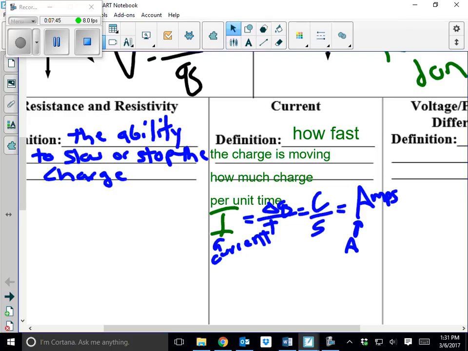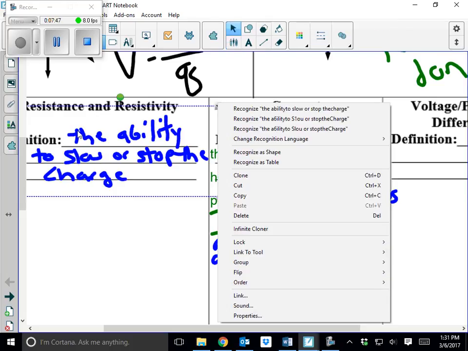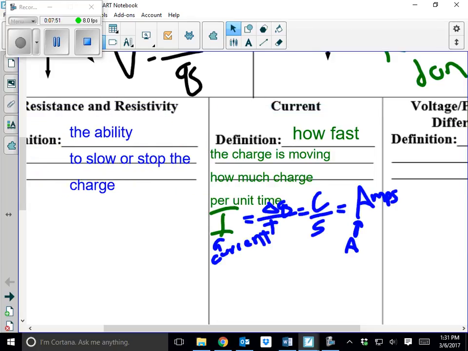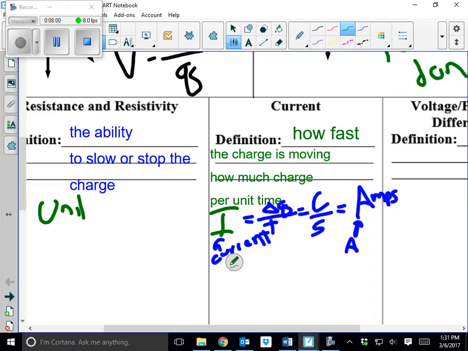Remember, electrons move a lot easier because electrons are about 10,000 times less massive than protons, which means they're always the ones to move. So resistance is the ability to slow or stop the charge, and the unit is the ohm. The symbol we use is the Greek letter omega. That is the unit of resistance.